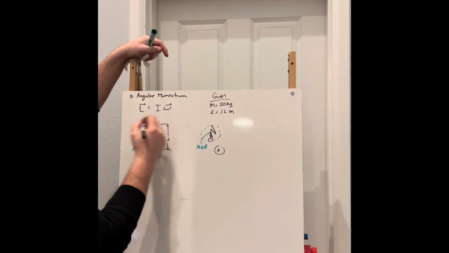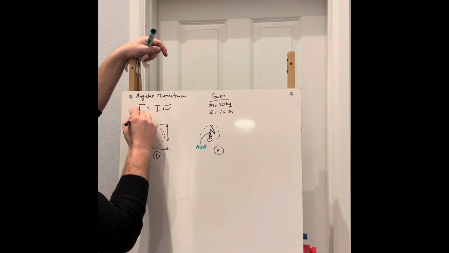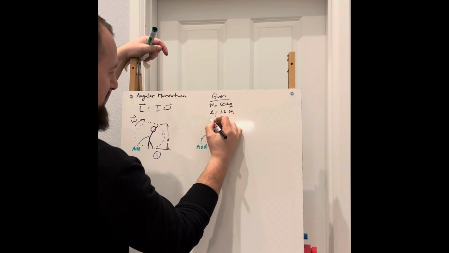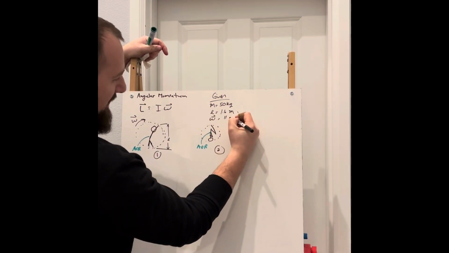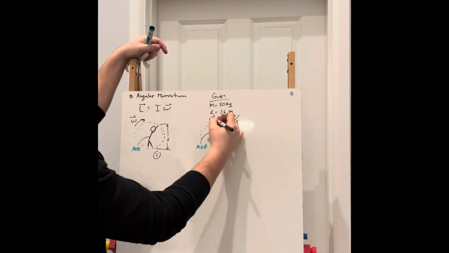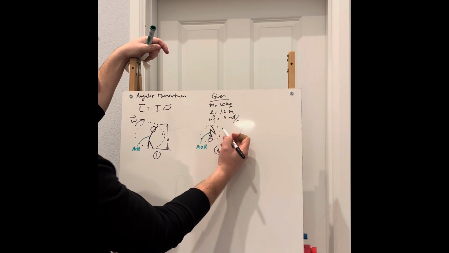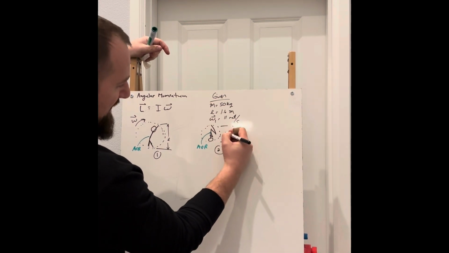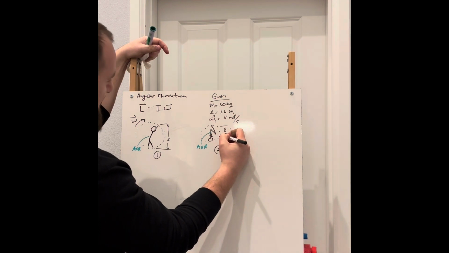And then they have angular velocity here. We'll say that their angular velocity is, let's go with 11 radians per second. So that's their position 1. For position 2, this length is half of their initial length. So length divided by 2.